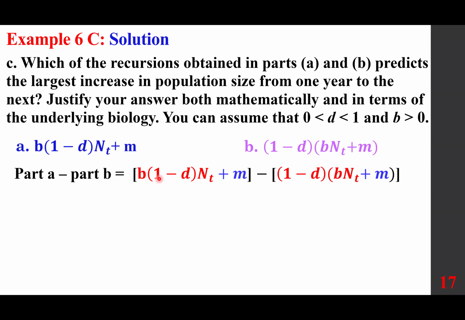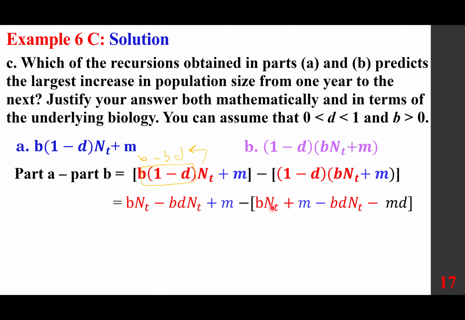So this one is B minus BD, multiplied by N sub T. So we get B N sub T minus BD N sub T plus M. And for this one, 1 gives you the same thing, minus D gives you minus DB N sub T minus DM, and this negates everything. For the first one, 1 gives you the second parenthesis, and minus D gives you minus BD N sub T, and this is minus MD.